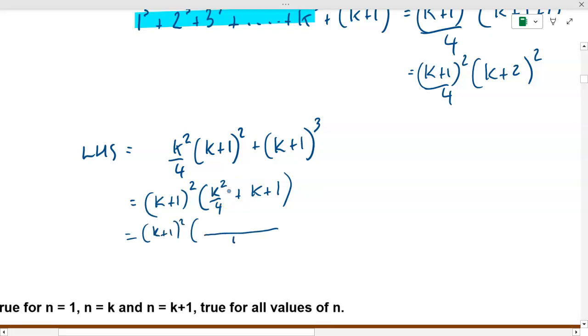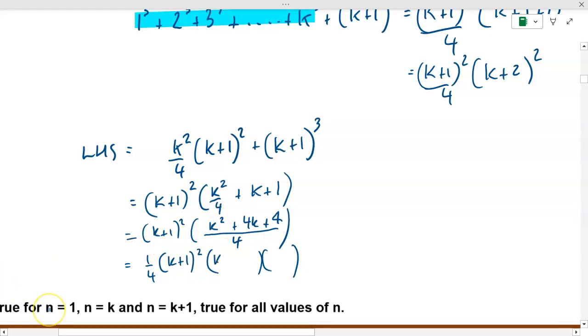If I pop all of this over 4, I'm going to end up with k squared plus 4k plus 4. And now I can pull out that 4 out the front and end up with 1/4 of k plus 1 squared. And now I need to factorise my brackets here and see what I end up with. And that should be a 4, sorry, up there.